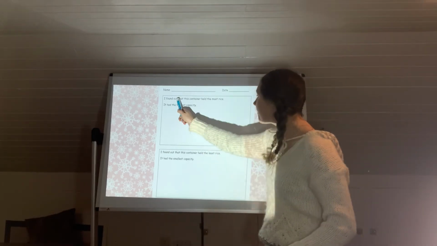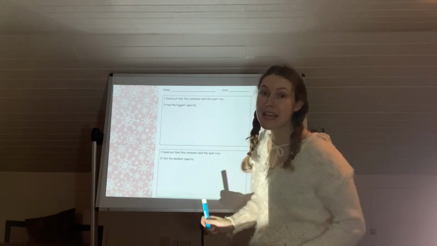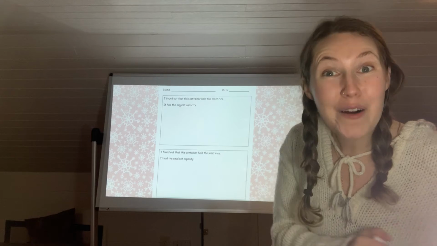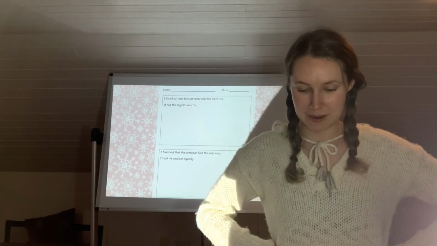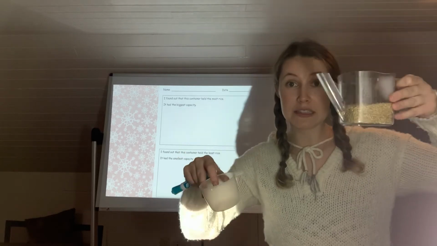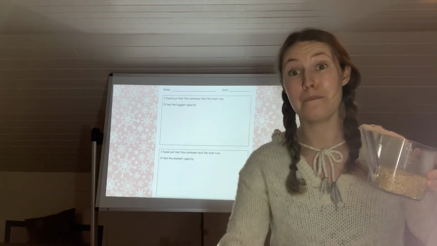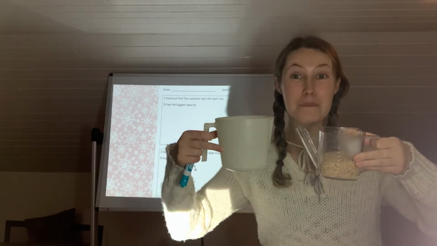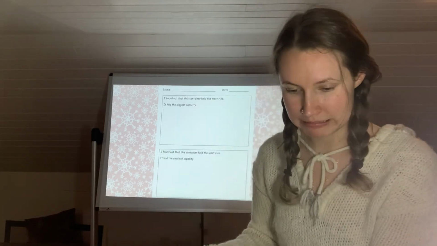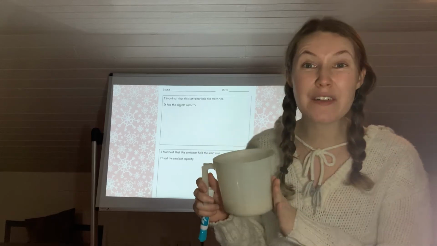Now it says, I found that this container had the biggest capacity. And then it's blank because you're going to draw what you found had the biggest capacity. Now when I was comparing these two items, this one had a bigger capacity. But I have an even bigger jug here, and it can hold even more rice.